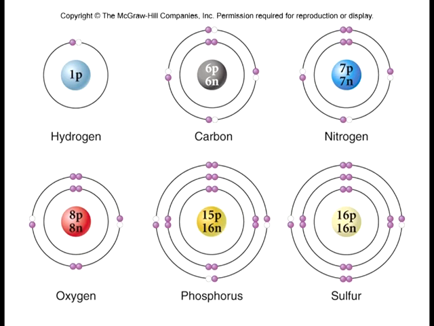Another way to become stable is to give up electrons. Let's say we have something like lithium, where it has 3 protons, and therefore it'll have 2 electrons and 1 in its outermost shell.